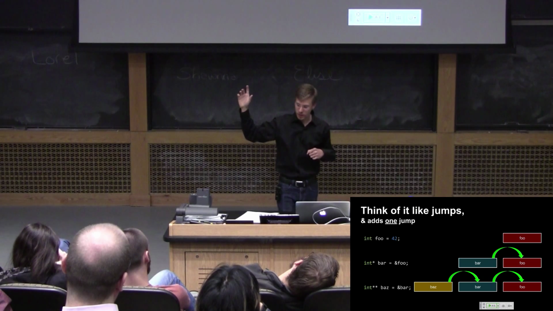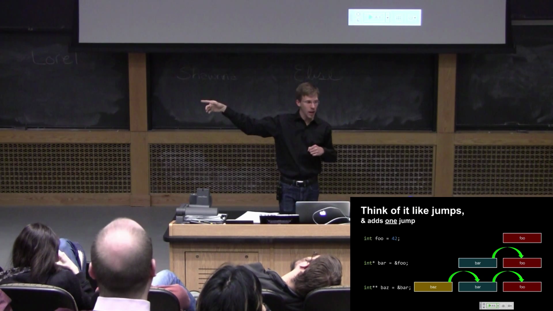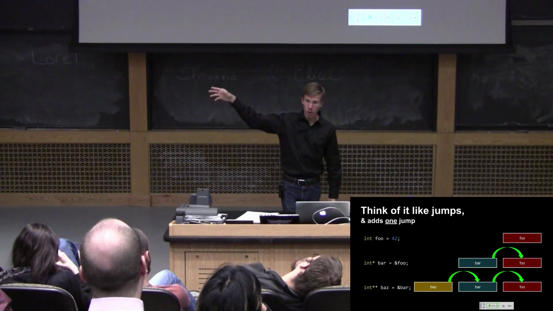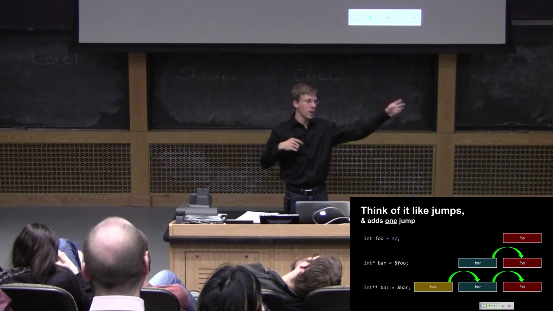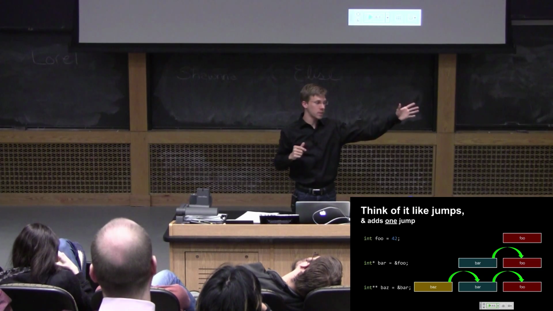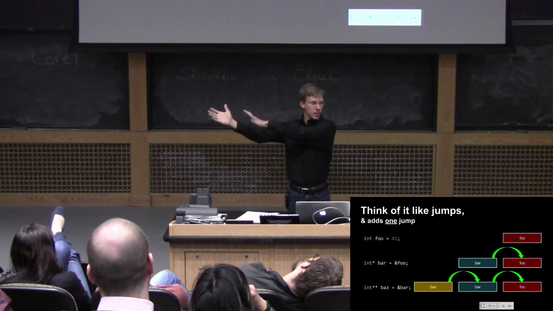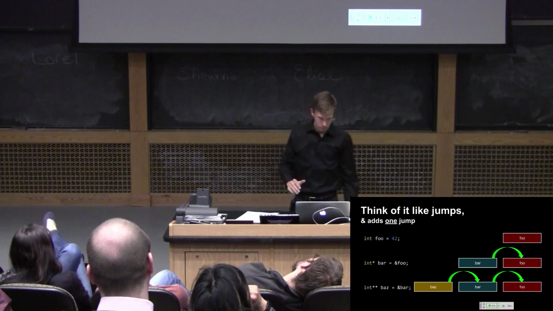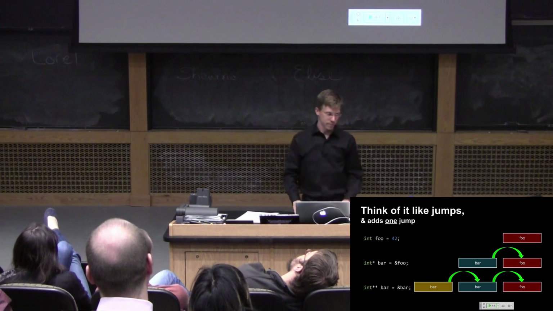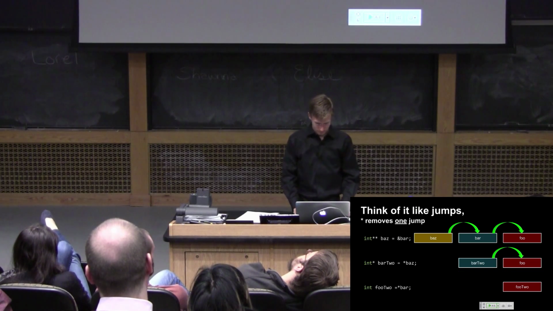So what is on the left side of the equal sign, star bar, has to be the same type as what's on the right side, which is the address of foo. They're both single pointers to integers. Now you can set them equal. Nope. Just the way pointers work.